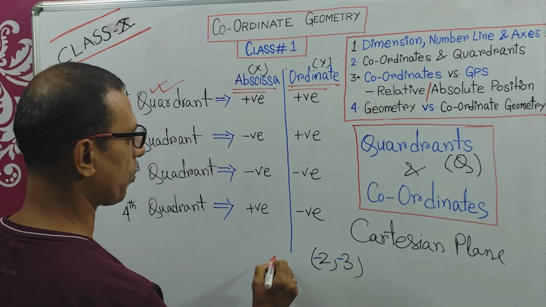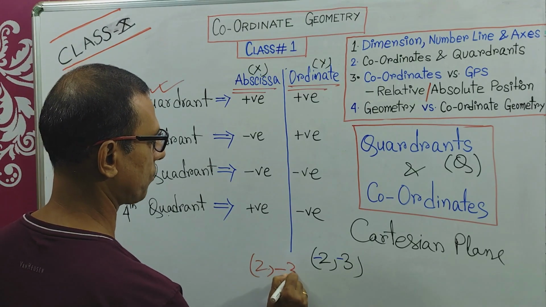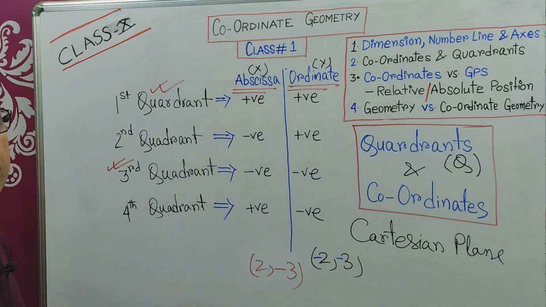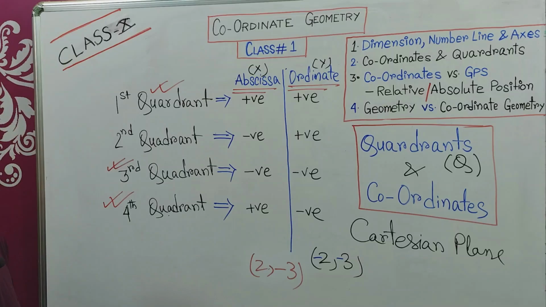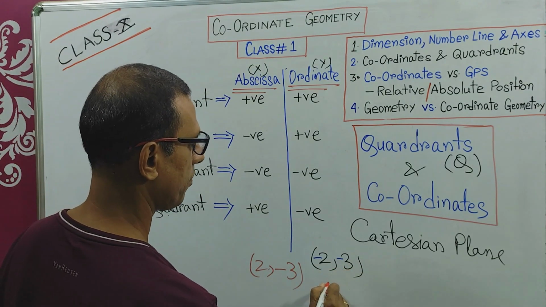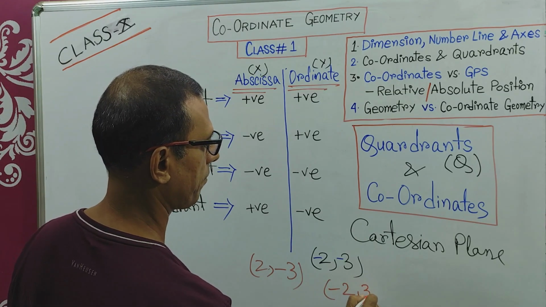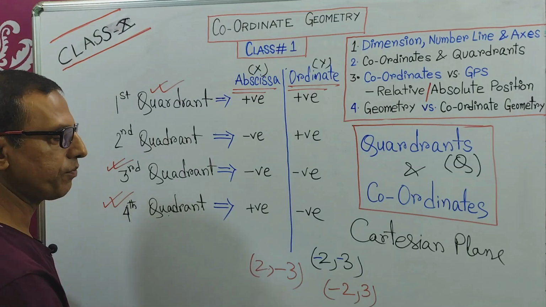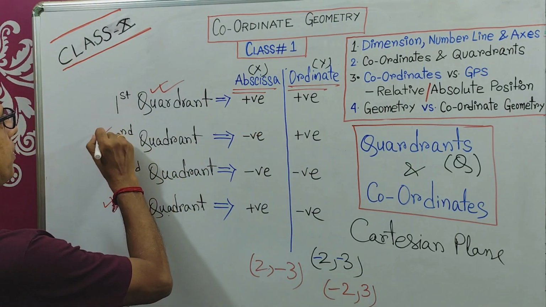If the position of the point is (2, -3), the x coordinate is positive and the y coordinate is negative, which means it is in the fourth quadrant. And if the position is, let's say, (-2, 3), the x coordinate is negative and the y coordinate is positive, negative positive, so it is in the second quadrant.